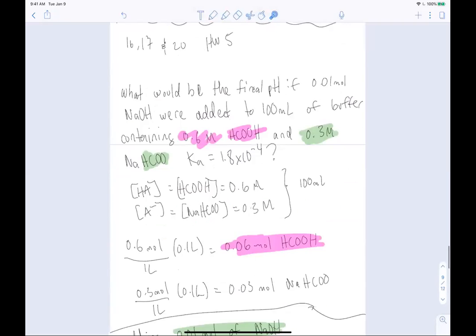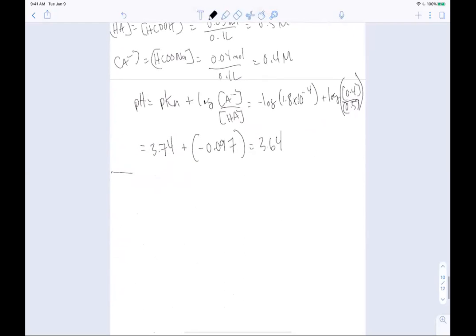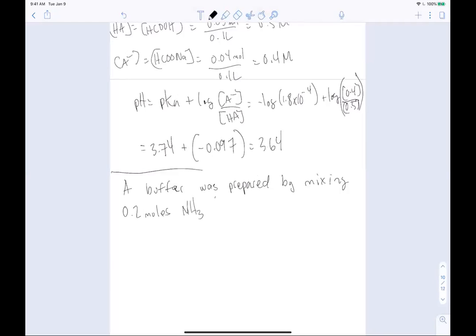Let's see, so that was 16. 17. All right, here we have a buffer was prepared by mixing 0.2 moles of ammonia, and they give us the Kb here, and 0.2 moles of ammonium chloride.